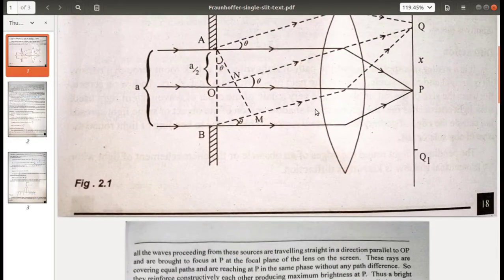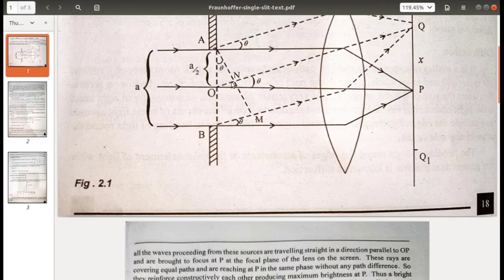So what we are saying is that the path difference between the extreme points of the slit, A and B, which is BM, is lambda. Now we have divided this slit into two halves, OA and OB.